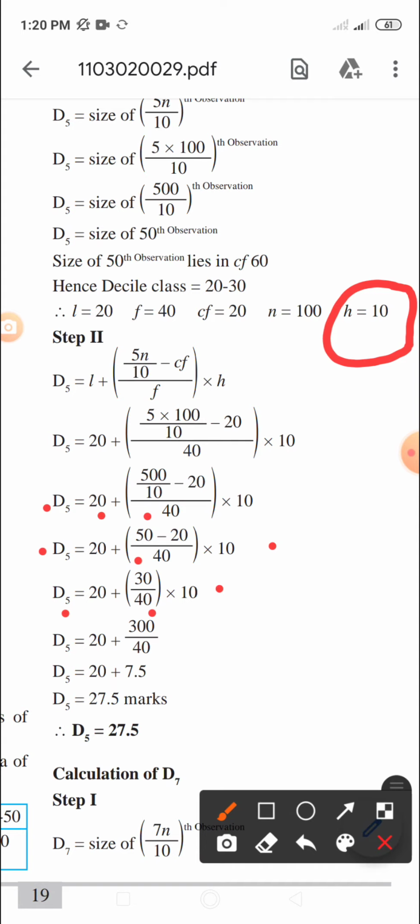So D5 is equal to 20 plus 30 into 10, 300 upon 40. 300 upon 40 is 7.5. So our answer is D5 is equal to 27.5 marks. That is our answer of D5 in continuous series.